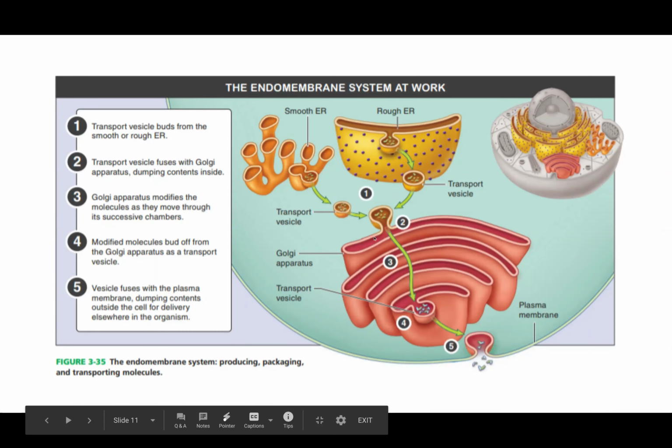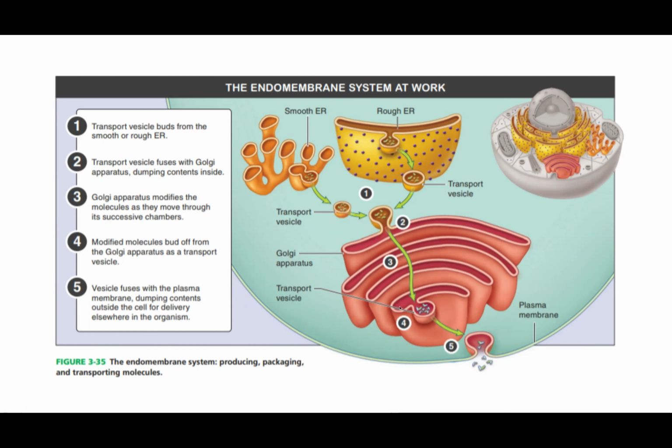On its way through the Golgi, it gets tagged. So if you make a protein that, say, you want to export from your cell, it gets tagged with a molecule here, and once it's tagged on the outside of this membrane, it then has a tag on it, and now it can be sent to wherever it wants to go.